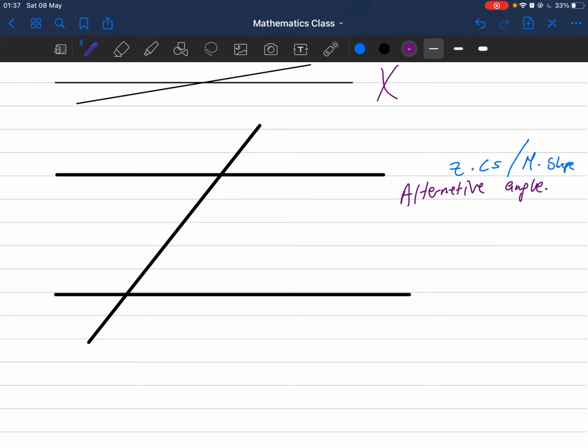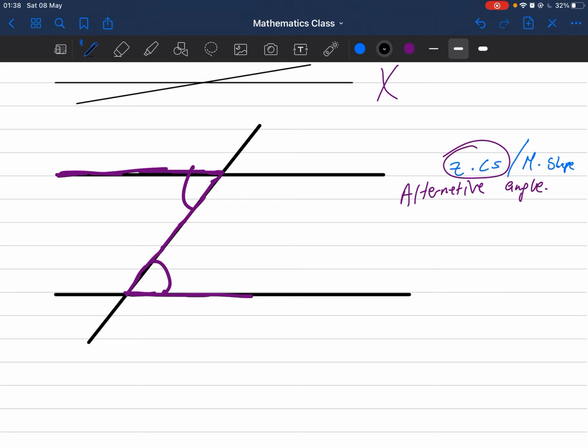So when they say Z angles, that means that these angles form a Z shape. For example, you might have an angle that forms a Z shape. If you look at this, you see this is a Z shape. So what does it mean? It means that this angle and this angle are equal. So alternate angles are equal.